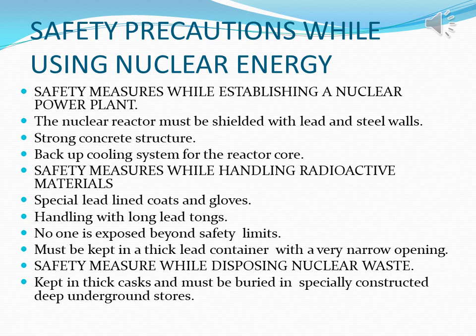The second care that can be taken is that the nuclear reactor of the power plant must be shielded with lead and steel walls. And the third care is that the nuclear reactor must be housed in an airtight building of strong concrete structure, which can withstand earthquakes, fires, and explosions.